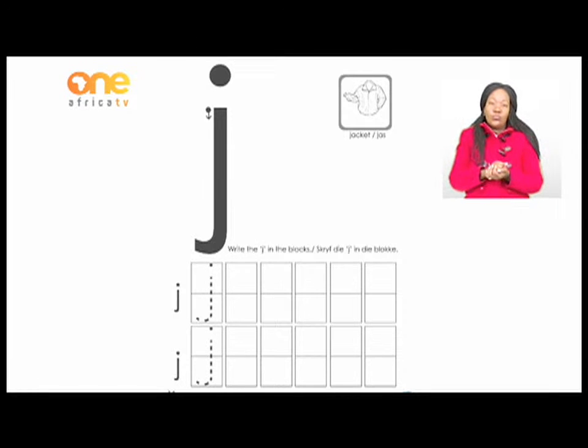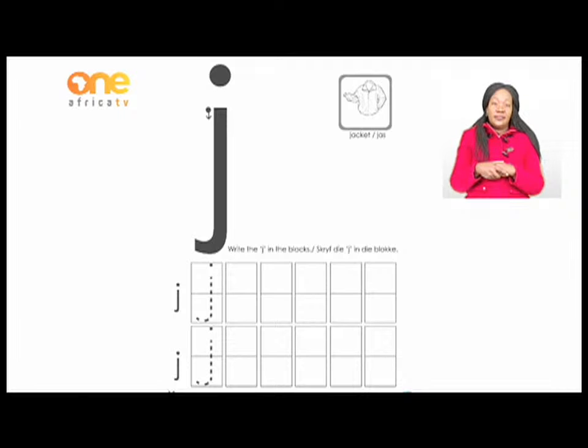So that is the sound for letter J. Once more, remember how we form letter J. We start from the top, go down his body, bend his knees backwards, and put a dot for his head.